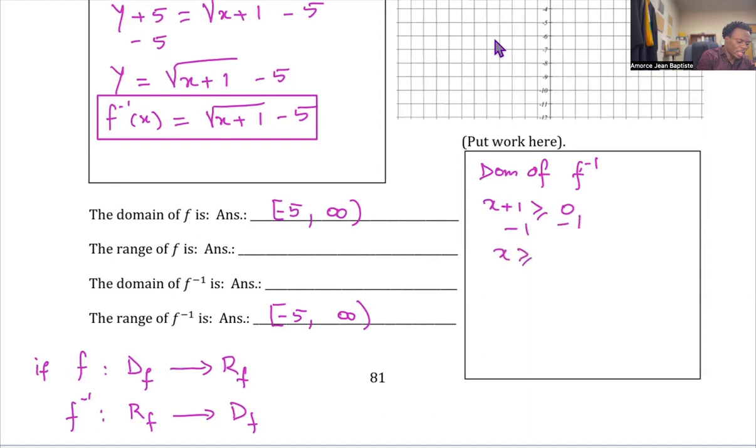X is greater than or equal to -1, which means the domain of f inverse is from -1 to infinity. That is the same as the range of f, from -1 to infinity.